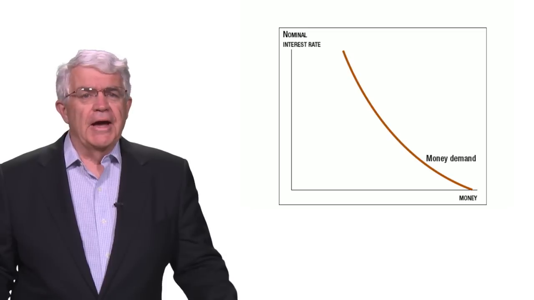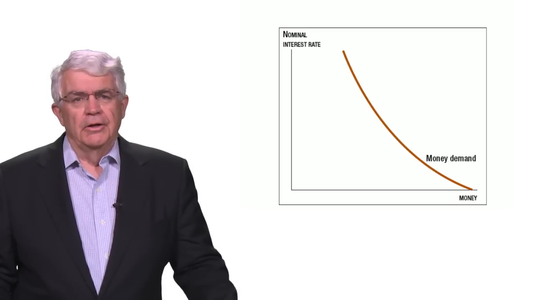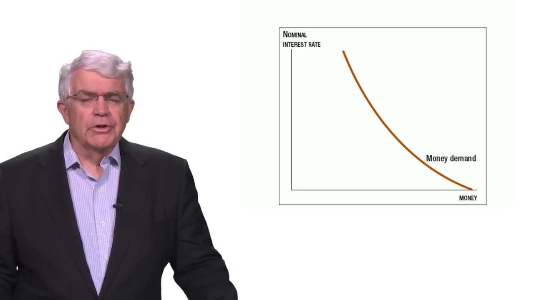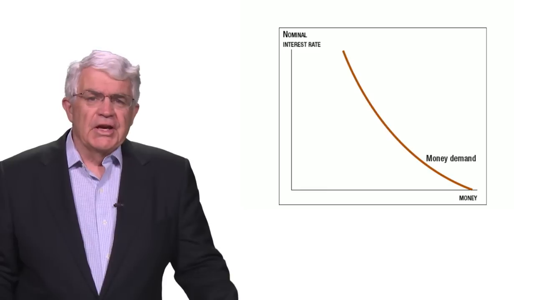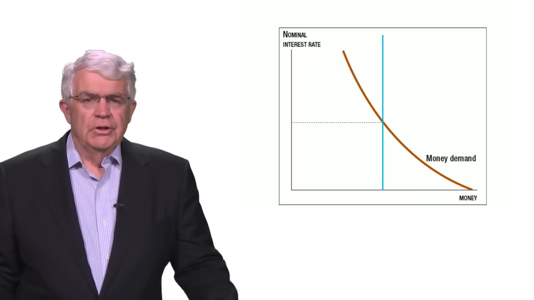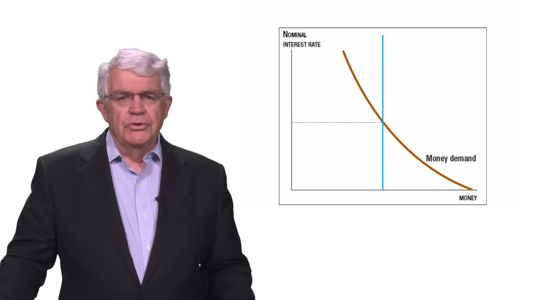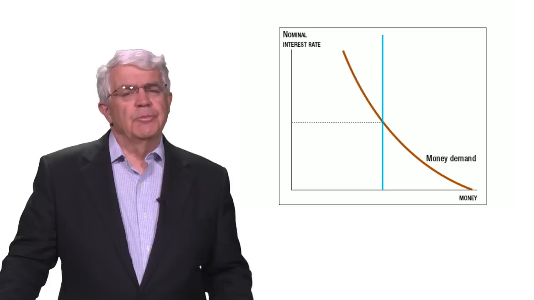And so therefore, in the aggregate, there should be a negative relationship between the quantity of money held and the interest rate, and there it is. Downward sloping. We don't know exactly what its curvature would be, but here's an example of that. Now let's get to the purpose here, which is to figure out how the central bank controls the interest rate. The money supply can be determined by the central bank, and so let's suppose the central bank sets the interest rate at that point.